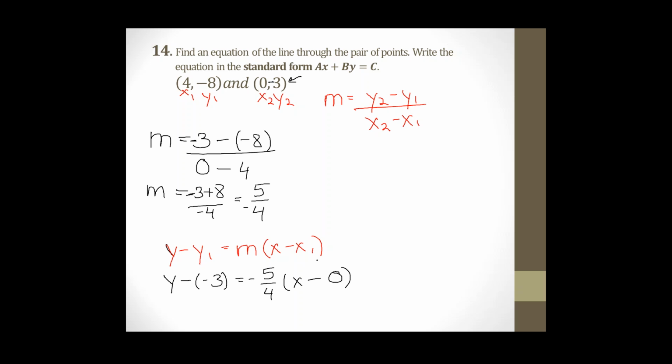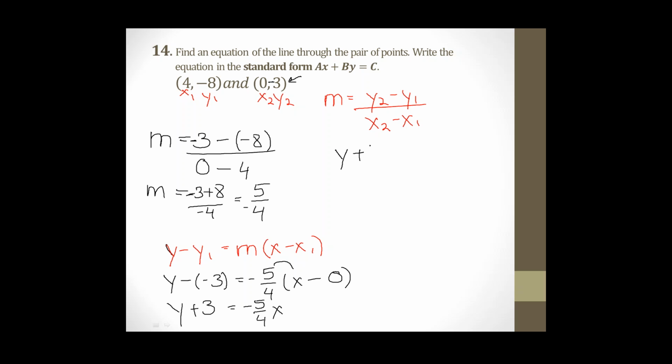I want it in standard form, which means the variables on the left and the constants on the right. I'm going to combine these two signs, which leaves me with y plus 3, and then I distribute, and the 0, I can drop the 0, it doesn't really mean anything. So negative 5/4 x. Again, I want constants on the right and variables on the left.